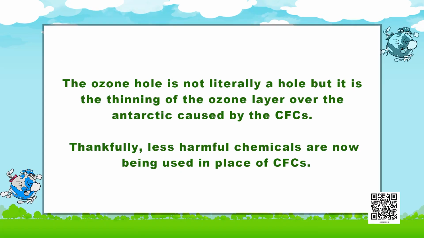Have you heard about the ozone hole? The ozone hole is not literally a hole, but it is the thinning of the ozone layer over the Antarctic caused by the chlorofluorocarbons. Thankfully, less harmful chemicals are now being used in place of CFCs.